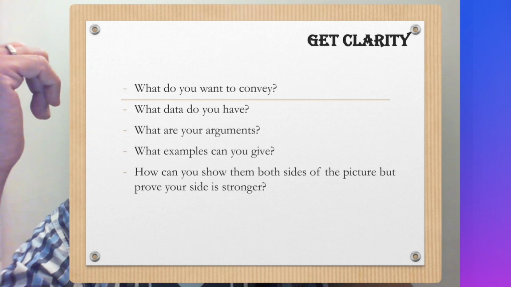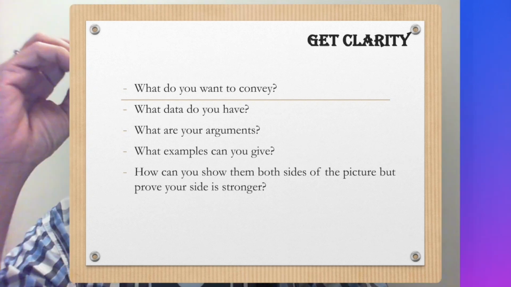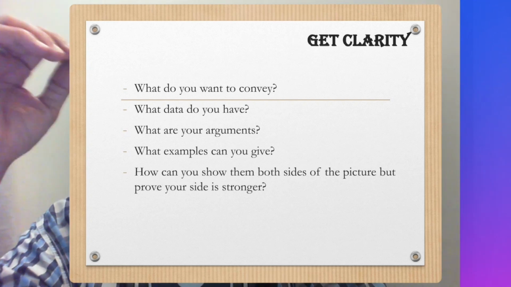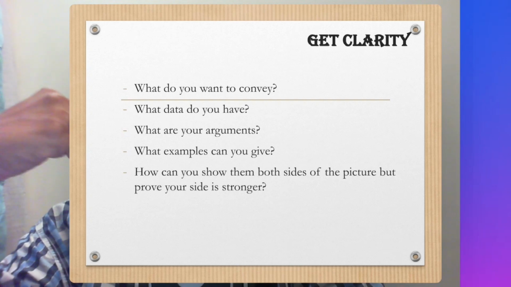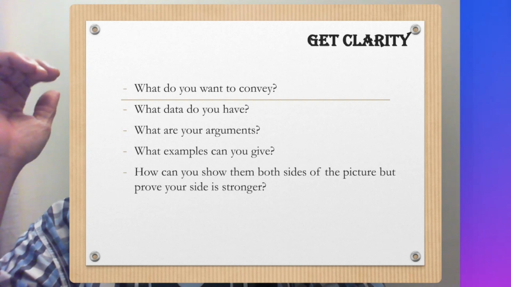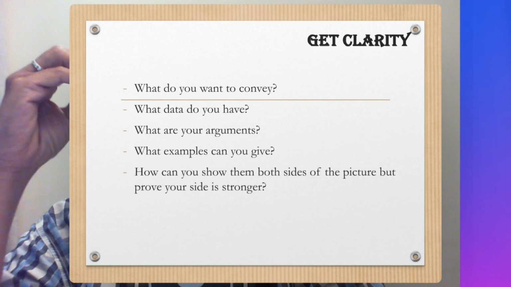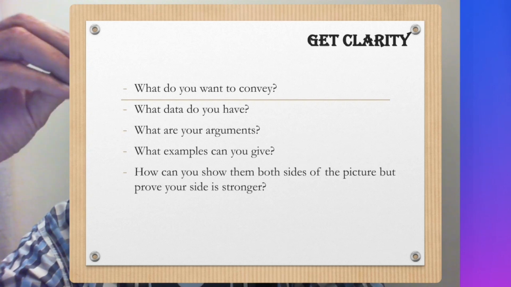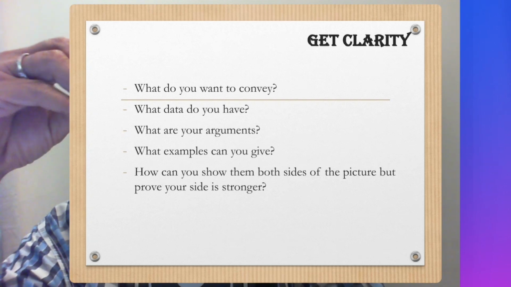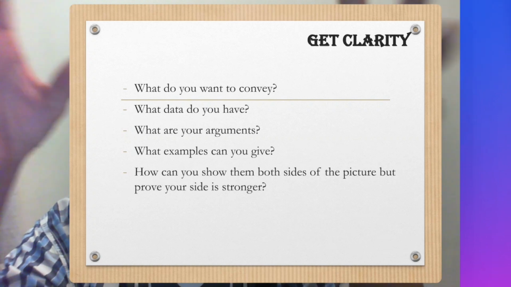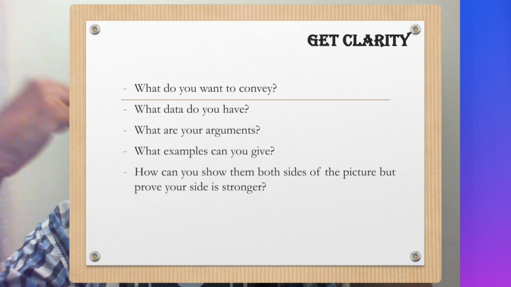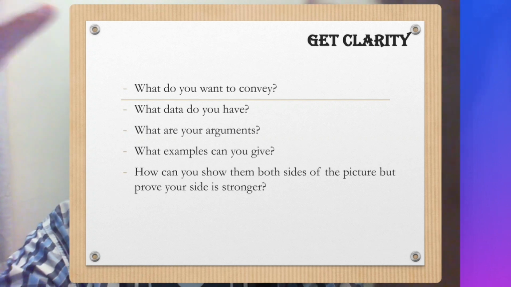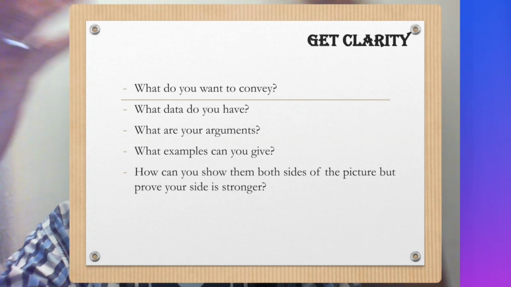Now, another thing that you need to get clarity on is this: when I am standing there in front of an audience presenting my proposal, or when I email my proposal to anyone, in my persuasive message I should be able to weigh both sides and clearly prove that the side I am advocating is better, is stronger.